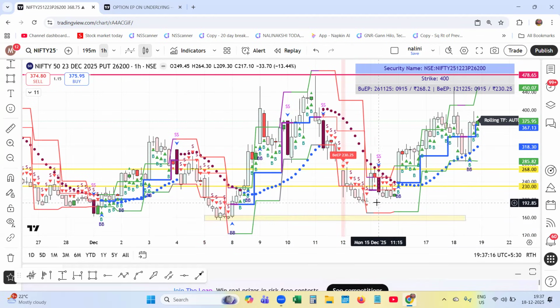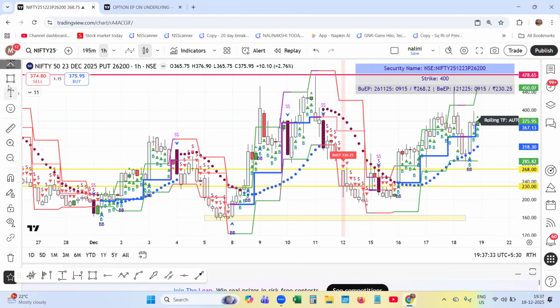By keeping this as your reference point, even though the put option came down, it made a low of 195.